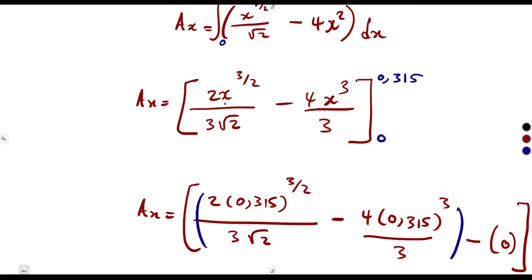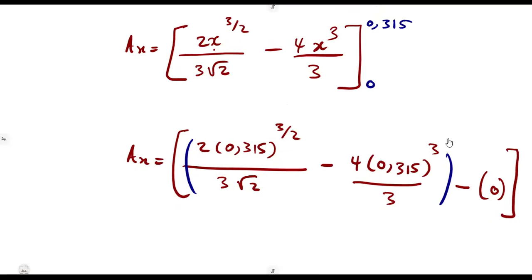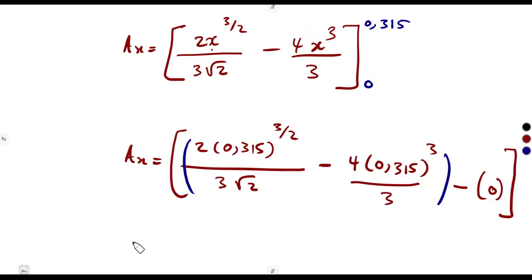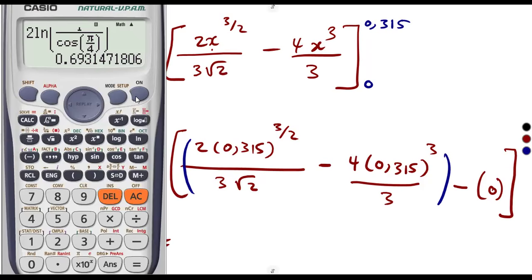Upper limit minus the lower limit. We simplify this, or we evaluate this properly on our calculator. That was going to give us what? Let's say a fraction here, 2 times 0.315, so this is 0.315 to the exponent of 3 over 2, all right, everything over 3 square root of 2. All right, then we move on to subtract this.